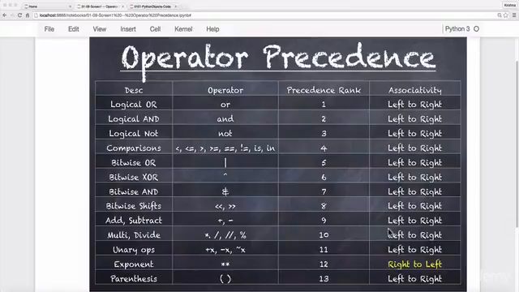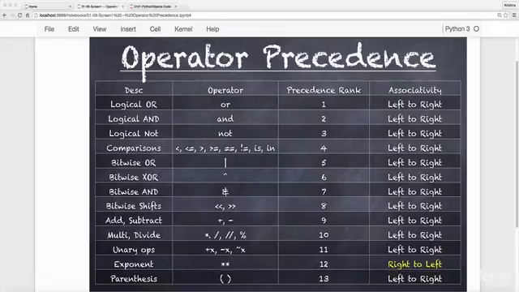Then we have to follow the associativity: either it is executed from left to right, or from right to left. If you see the table here, most of the operators have left to right associativity, except for the power operator, which has right to left. That means if an expression has 2 or 3 power operators, they are executed from right to left.